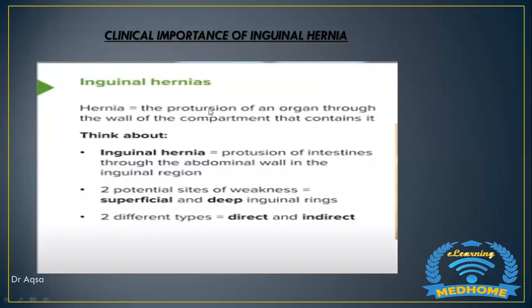So what is a hernia? A hernia is the protrusion of an organ through the wall of the compartment that contains it. We have 2 types of hernia: direct inguinal hernia and indirect inguinal hernia. Can anyone recall the difference between direct and indirect inguinal hernia?